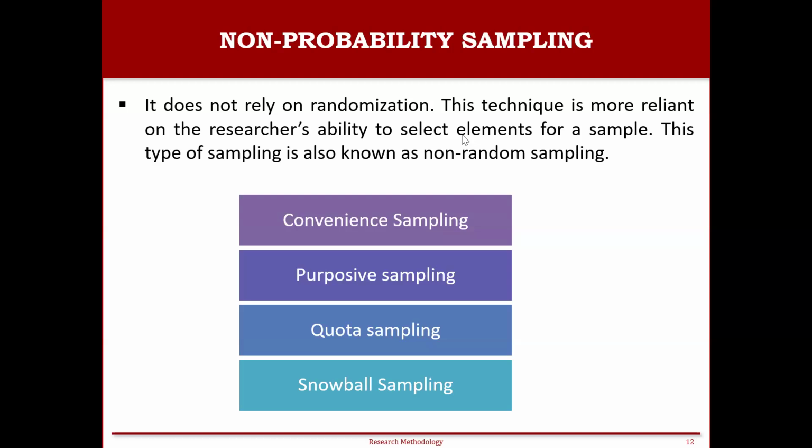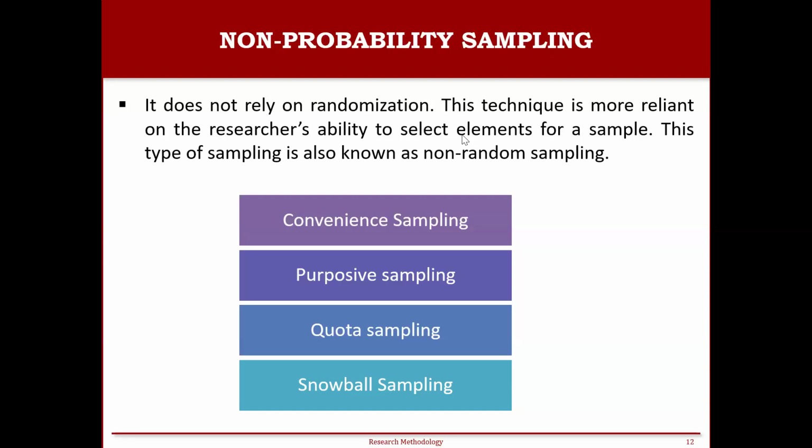So, convenience sampling is a very simple method. It is also a very common, easiest and quickest method under non-probabilistic sampling, right?